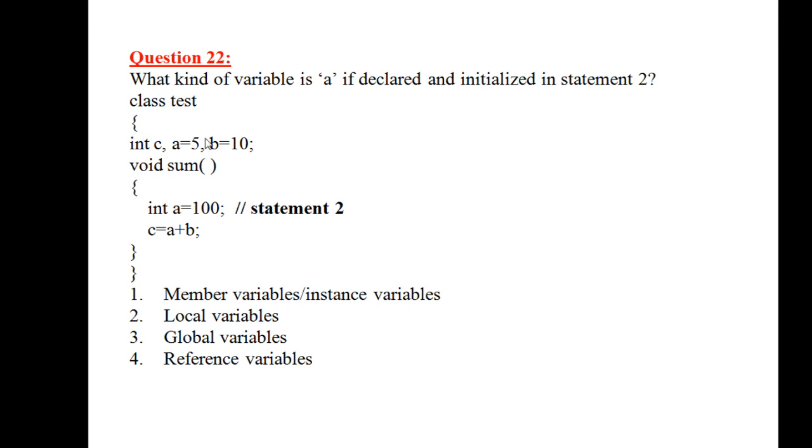Question number 22. What kind of variable is A if declared and initialized in statement 2? If you declare int A here, this is an instance variable. But if you declare it in a method body, then it is actually a local variable.